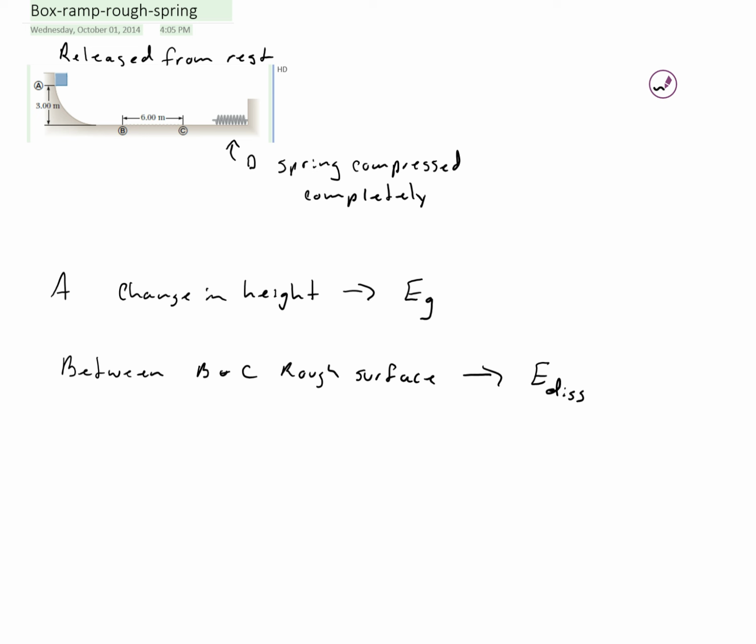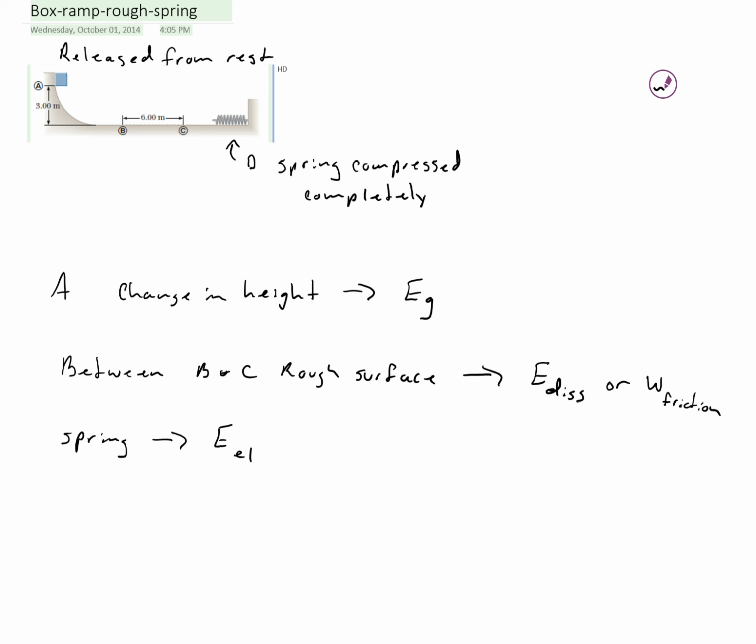We could call it dissipated energy, or we could say work done by friction. Since we haven't talked about work yet, I'm going to use the dissipated energy. And then we have a spring in the system. That implies we want to include elastic potential energy.